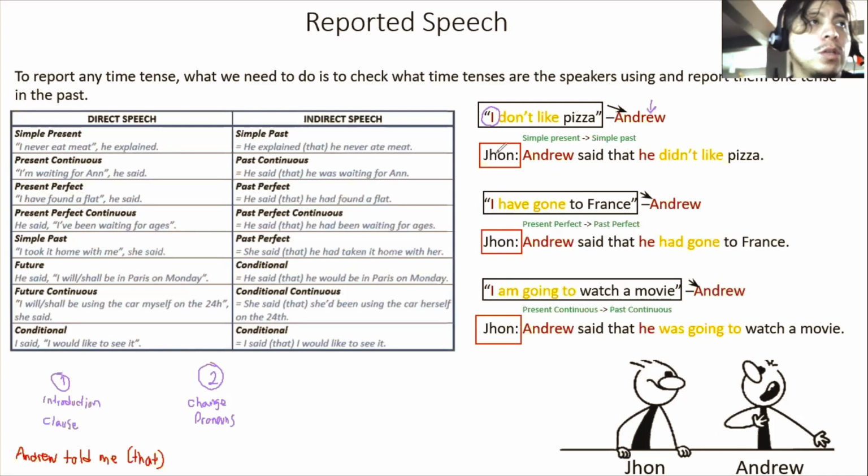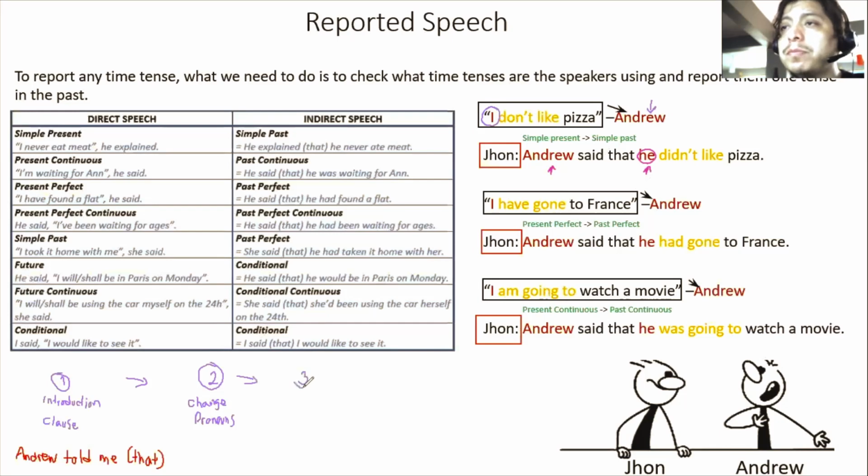But when Jhon is speaking about Andrew, he doesn't say I, he says he. You need to change I for he, because you are telling the same story from a different perspective, from a different point of view. So the second thing you have to do is change the pronouns and check that the message is the same.